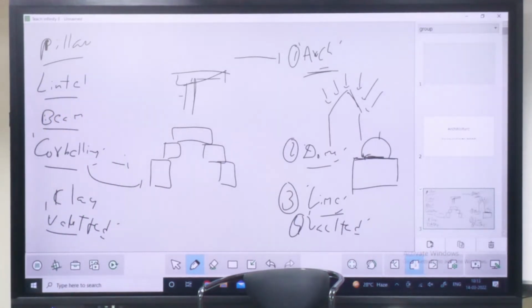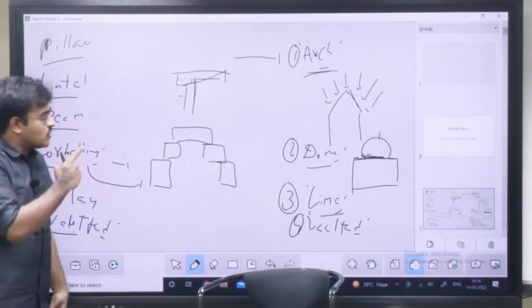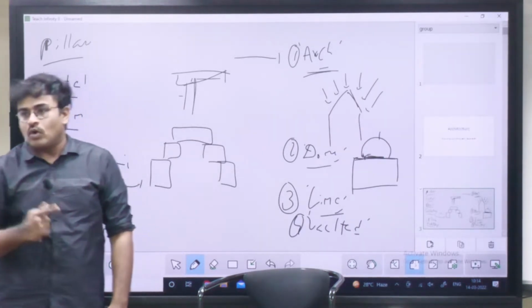All of these are the elements of architecture which were brought by the Islamic invaders into India. Based on this, they started constructing numerous forts and mosques, and along with forts and mosques, they were also very interested in the construction of tombs. So tombs, forts and mosques were all constructed on the basis of the arch, dome, lime mortar and vaulted roof system.